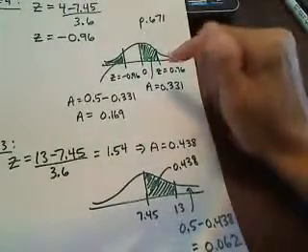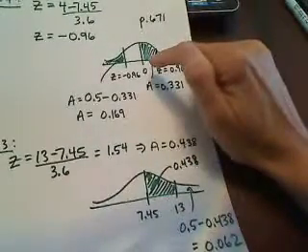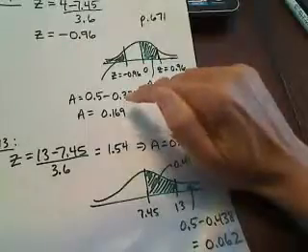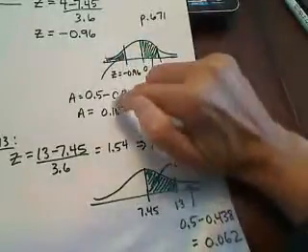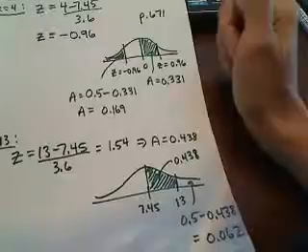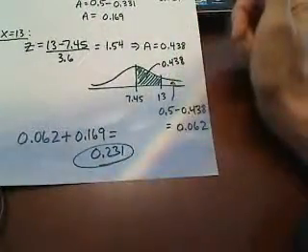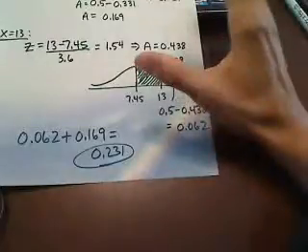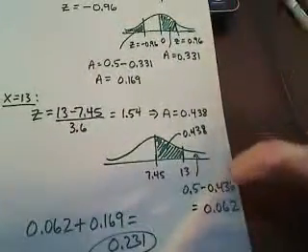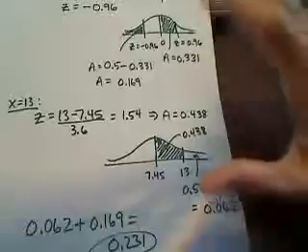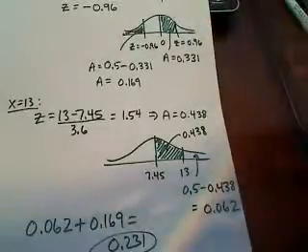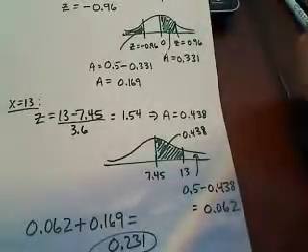And then as you're finding z-scores, you need to identify what this z-score is actually giving you, and whether you need to adjust it to find the region that you need by subtracting from 0.5. We had to actually do that on both ends here. So it's really important to be able to interpret what the chart is giving you in terms of area, and the pictures are going to be what's going to help you to do that.